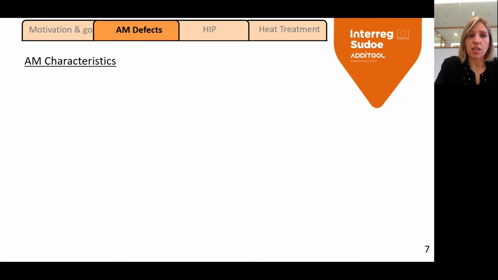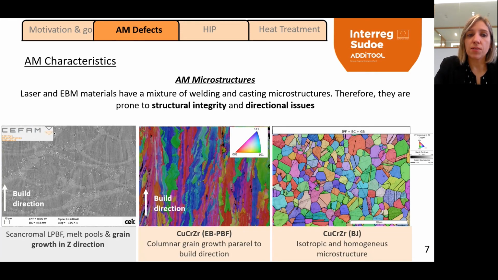Well, first of all, because AM materials have their own characteristics. Here I have several examples of different materials and different processes. In the case of fusion-based AM, usually we have problems with structural integrity and also directional issues.